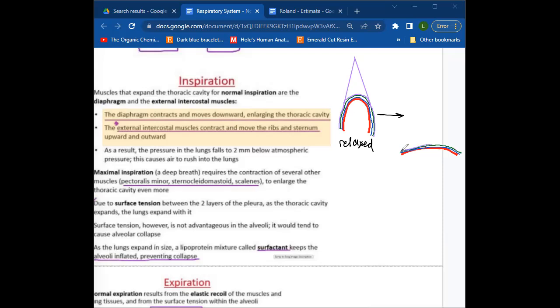And then the visceral pleura pulls on the lung. So the bottom edge of the lung gets pulled downward, and you can see that the space inside the lung has gotten a lot larger. This is when it's contracted. So the volume inside the lung has gone up, and the pressure inside the lung, therefore, has gone down because pressure and volume are always opposites. When volume goes up, pressure goes down.